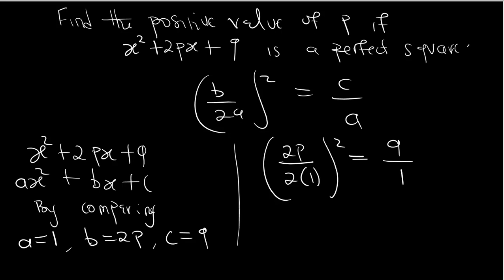Okay, with this 2 can cancel this 2. So we can have (p over 1) squared equal to 9. And from what we are having here, p squared is equal to 9.